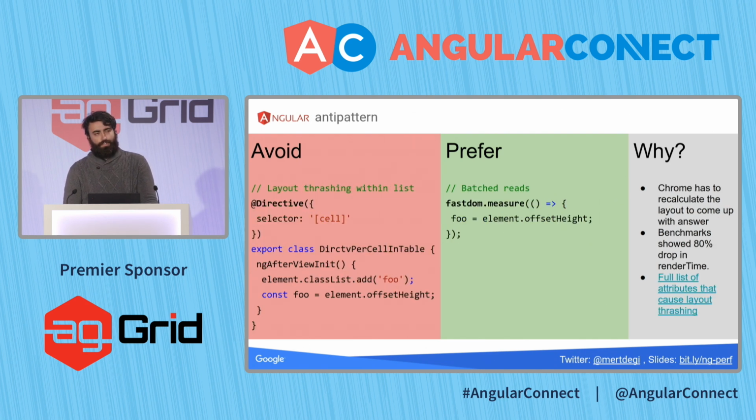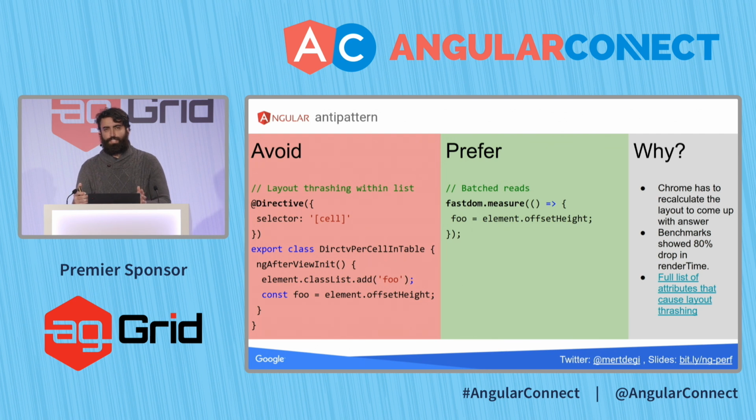So another anti-pattern that we discovered, this is rather obvious, but we missed this for some reason. If you have layout thrashing within a component that is used within list-like components, so again, a cell in a table, that turns out to be really expensive because however many items you have, that many layout thrashings happen.